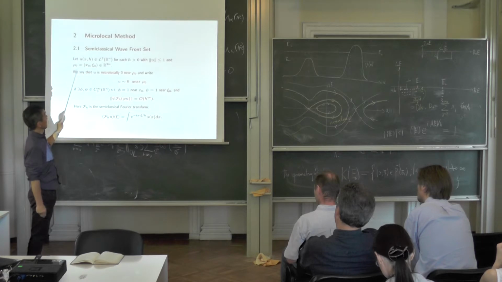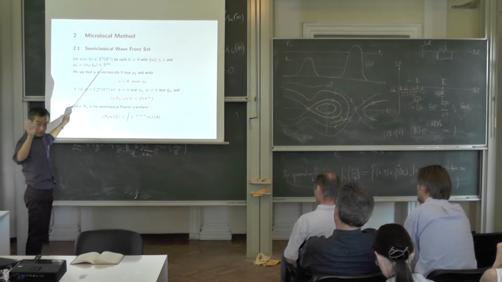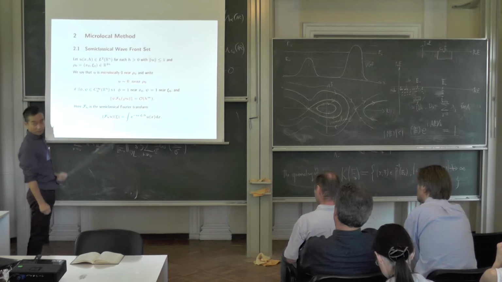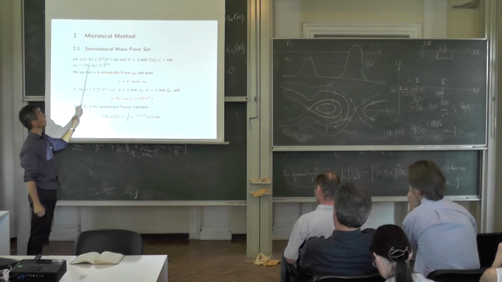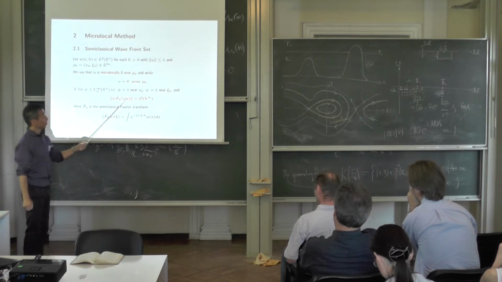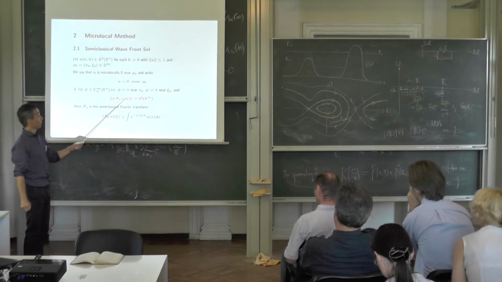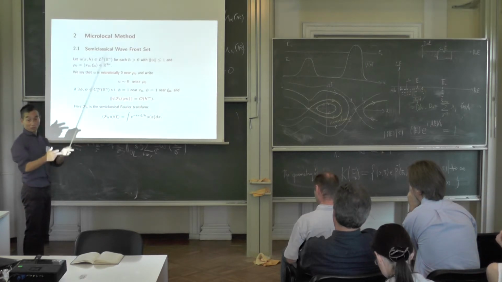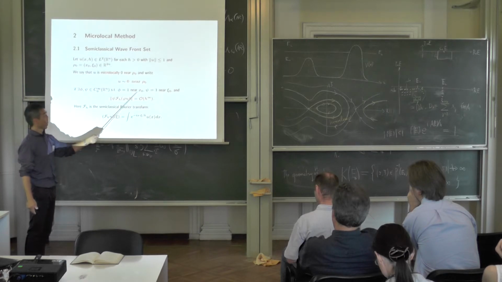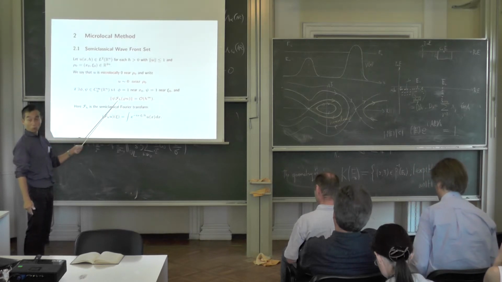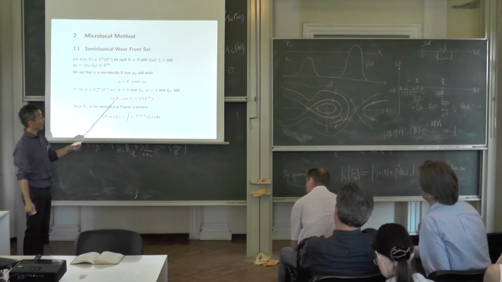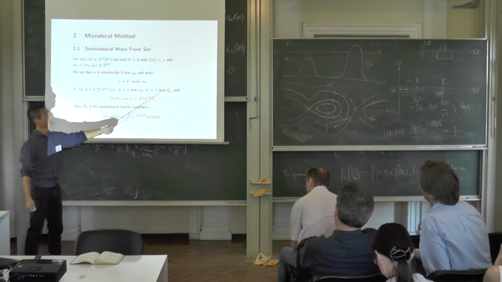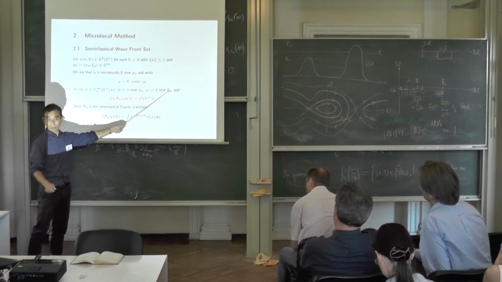then, let rho 0 be a point in the phase space. Then we say that u is microlocally 0 near some point in the phase space when I localize u with phi. Phi is a cutoff function near x0, and I do the Fourier transform to go to the xi function, and there I cut off with phi, which localizes near xi0.